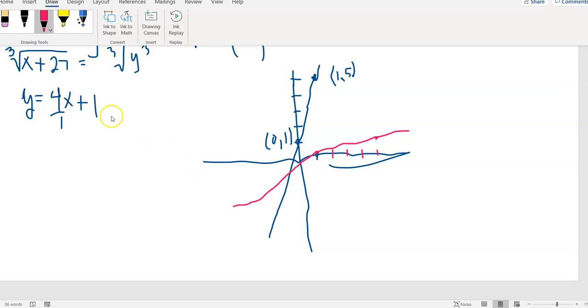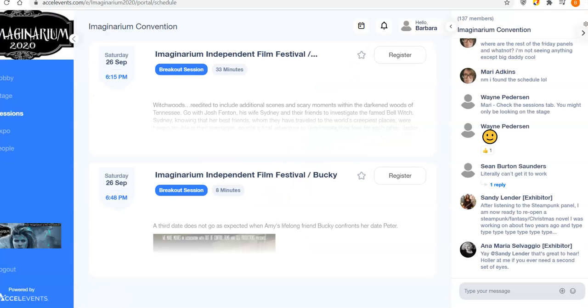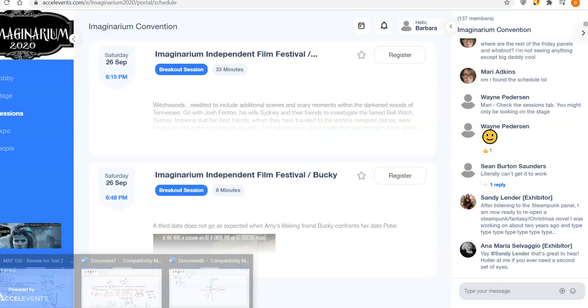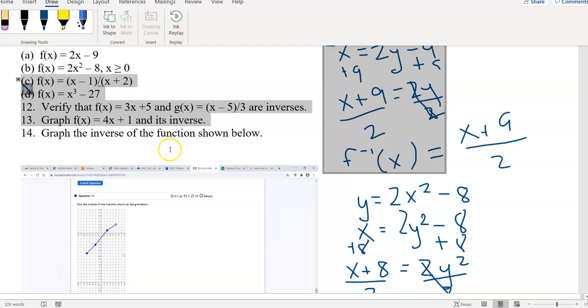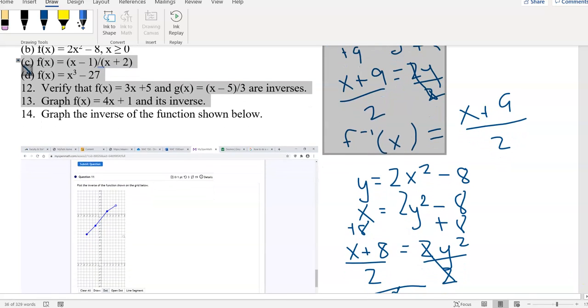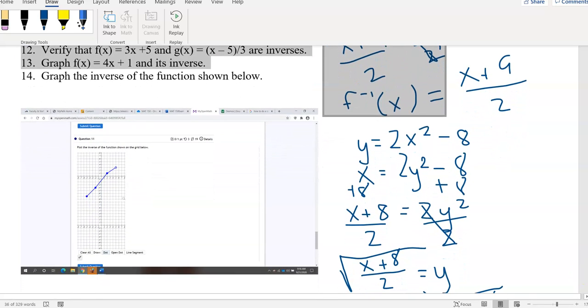All right, so now I still have a little bit of time left on this video, so let's go back to the review. Oops, sorry, not that. And let's graph the inverse of the function shown below that is on our review sheet.